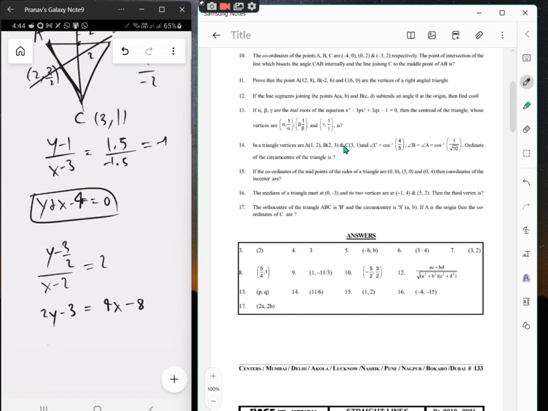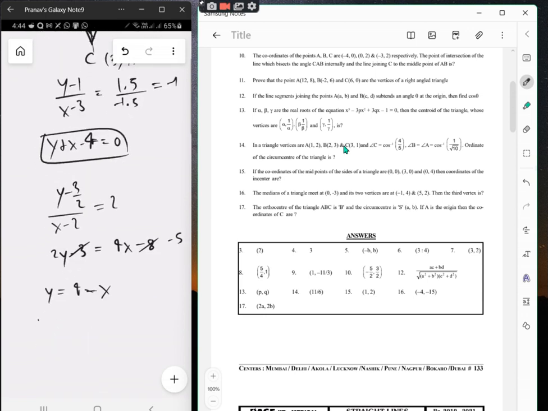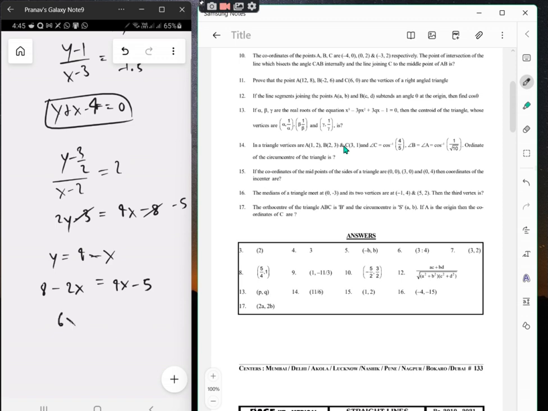Okay, this is getting lengthy. This goes over there, this becomes negative 5. But you know that y is 4 minus x. Put that into this, so it should be 8 minus 2x equal to 4x minus 5. So 6x equal to 13. Oh, this is once again going very weird.